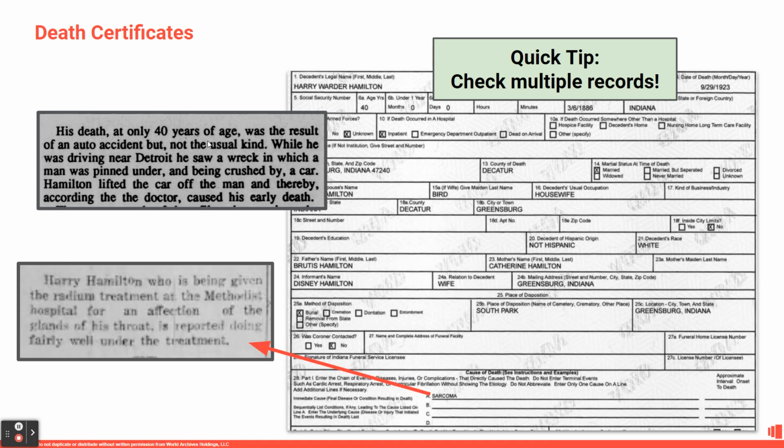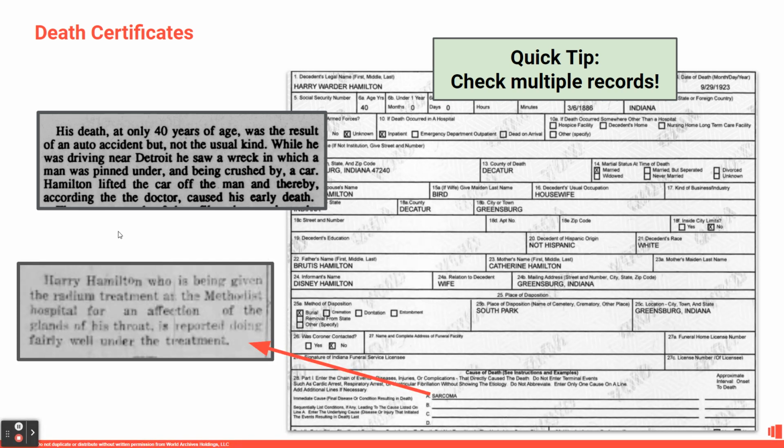And as I got into the records and started digging a little bit more, that was not the case. And so that was a story that had just been fabricated. I mean, maybe that did happen. He possibly lifted a car off of somebody. But the real cause of his death, and you can tell that from the death certificate here, is he died of sarcoma, which is another way to say cancer.